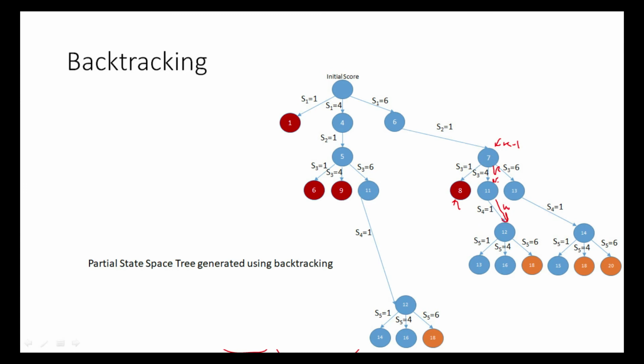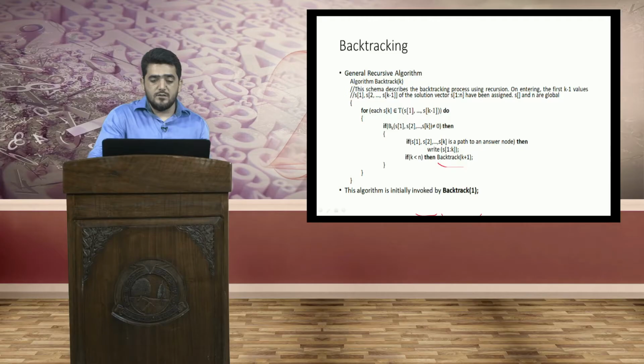So this is k plus 1. We'll treat this as the current node which needs expansion, and we'll try to find all the possibilities that are available here. Another call to this backtrack function with k plus 1 will explore the possibilities of the current node.